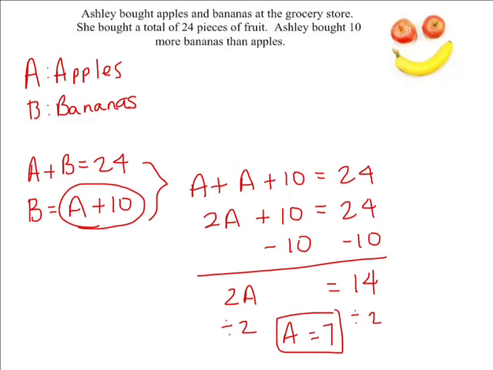That is half of my solution. The other half, of course, is, well, we have 24 pieces of fruit, and we already have 7 apples, so we must have 17 bananas. That is a lot of fruit cocktail.